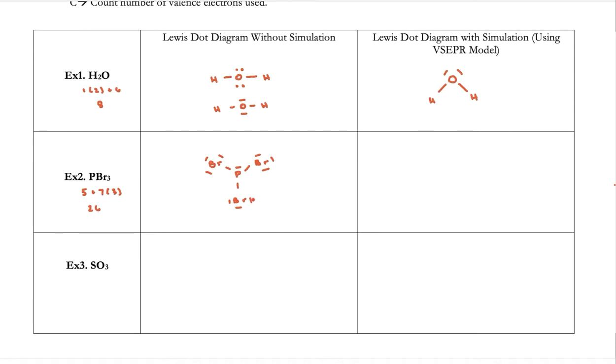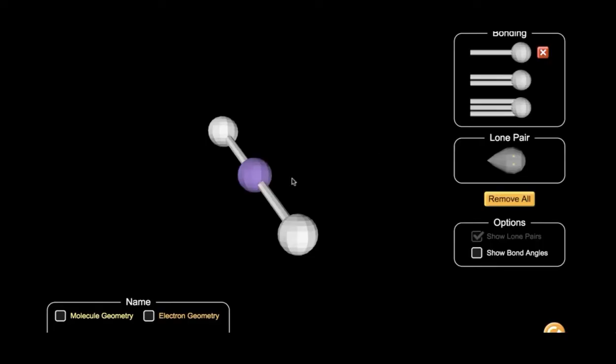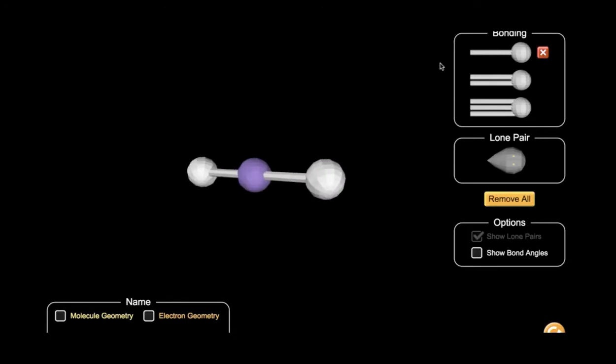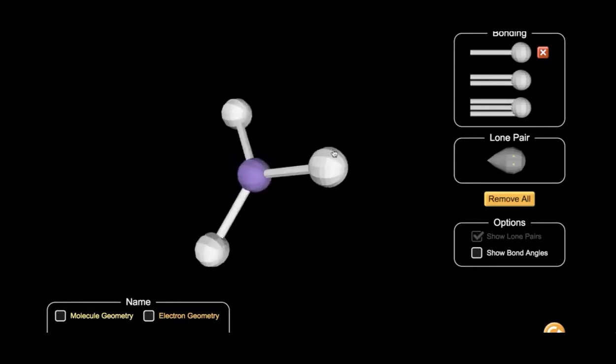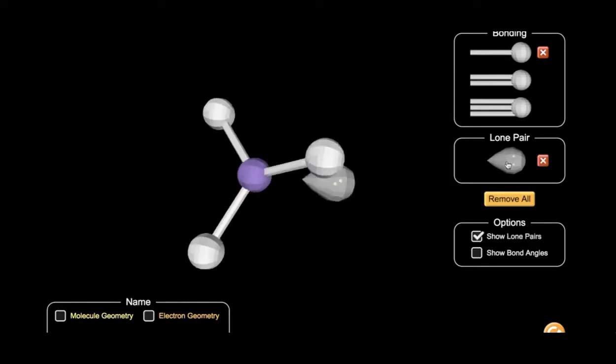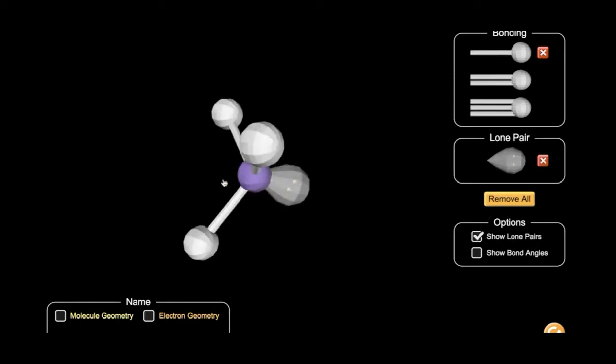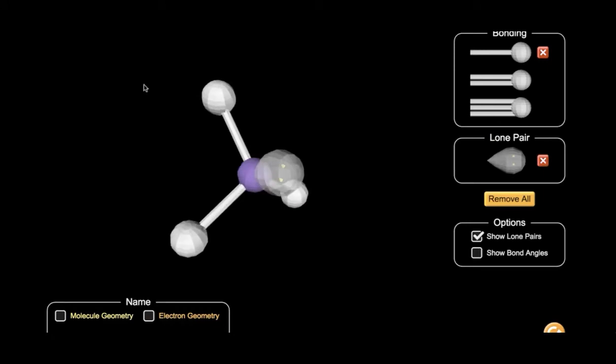Now let's quickly create this molecule in my simulation with 3 single bonds and 1 lone pair and see what that would look like. All right, so for PBr3, I have 3 bromines on my central atom, so it looks like this, okay? But then I also have 1 lone pair of electrons. So here's the shape here, you can look at it.